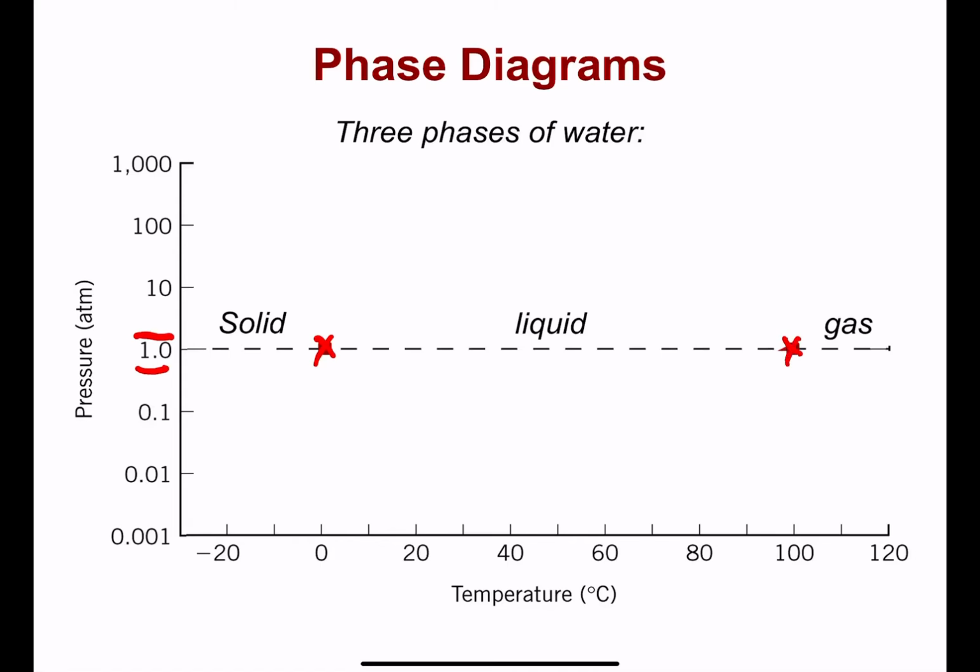The question might be, how do the positions of these data points shift as we consider higher pressure conditions, like increasing depth in the ocean, or going to lower pressure conditions, like climbing to the top of a mountain? Where do these phase transition points, or melt or boil points, go as a function of changing pressure?